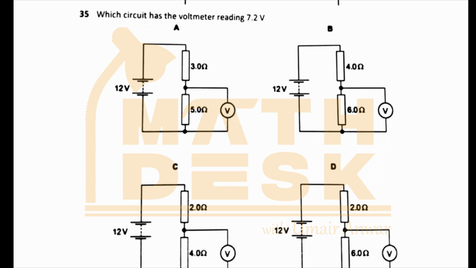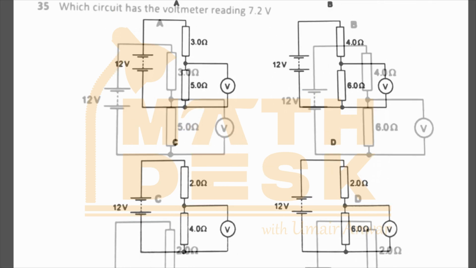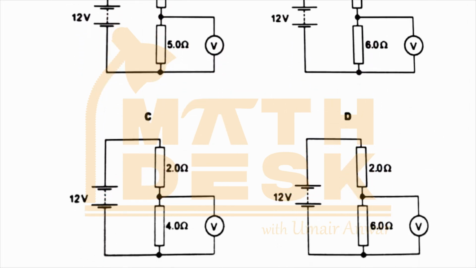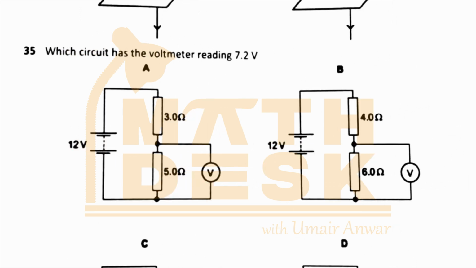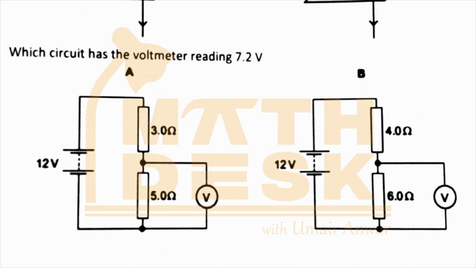The next part says which circuit has the voltmeter reading 7.2 volts. So in all these options we are given a voltage or potential divider circuit where the output voltage could be found using this formula.